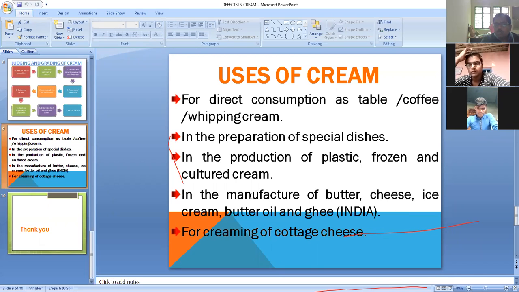Similarly, for butter oil and ghee, what is the raw material of butter oil and ghee? That is cream. So cream is actually used for making butter oil and also the traditional butter oil, that is ghee, a traditional dairy product, and for creaming of cottage cheese. Generally when we teach you cheese, one of the varieties of cheese is cottage cheese, which is actually made from skim milk.